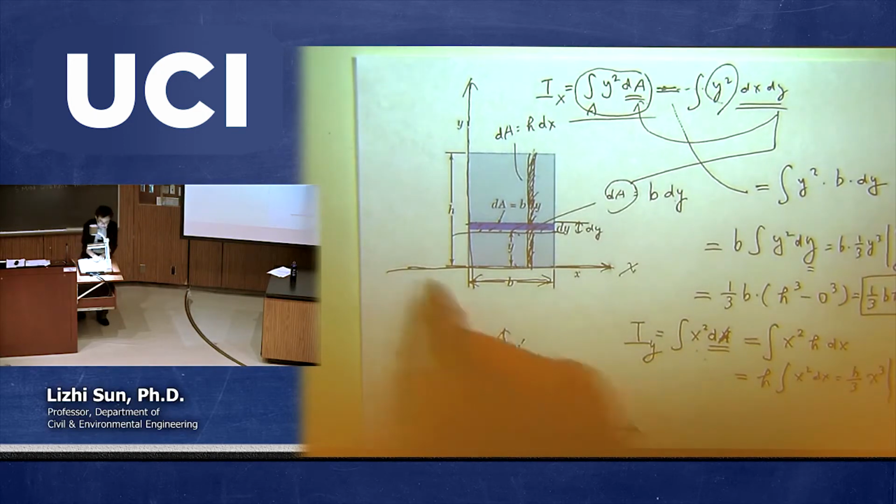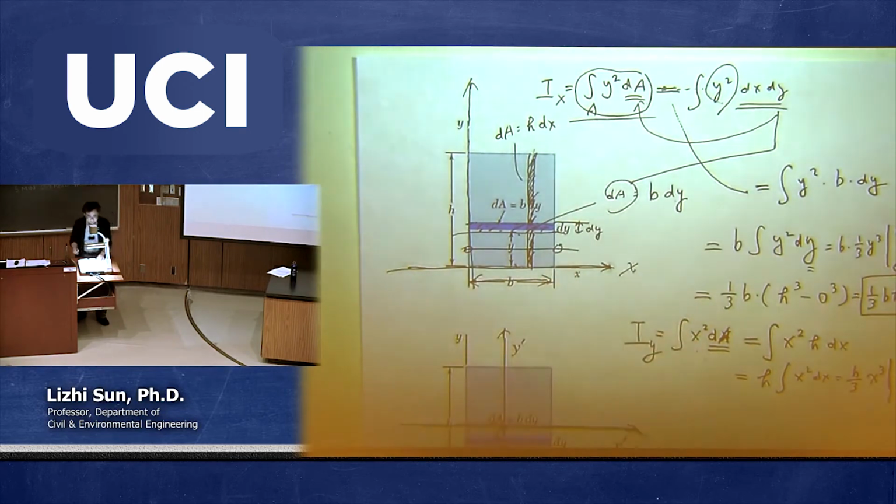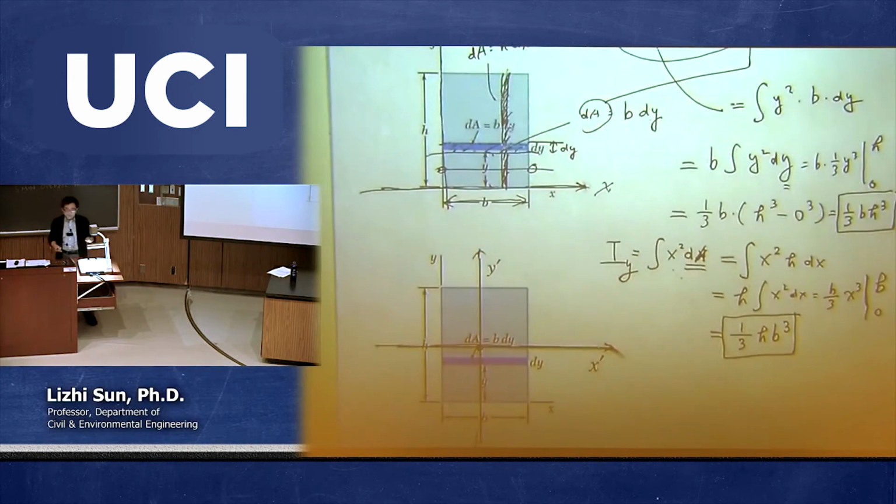If you look at this coordinate system, the minimum x you can choose is 0, and the maximum is b. So that's 0 to b. Then you can easily work it out, which is 1/3 h b cubed. So this is the moment of inertia with respect to the y-axis if the cross-section area is rectangular.